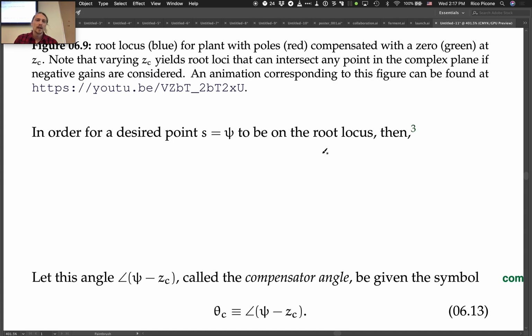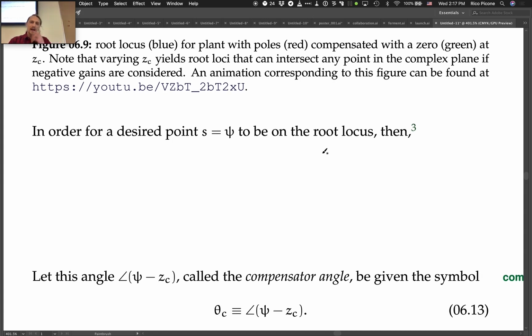Okay, so in order for a desired point S equals psi to be on the root locus, we have that the angle of G of psi, C of psi must be equal to pi. Okay.